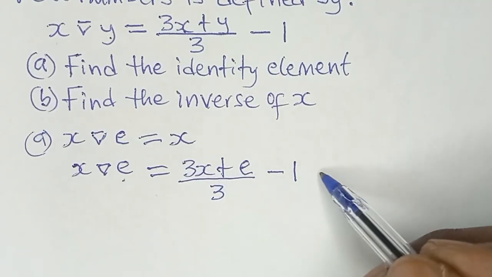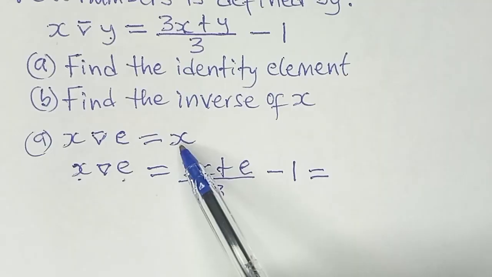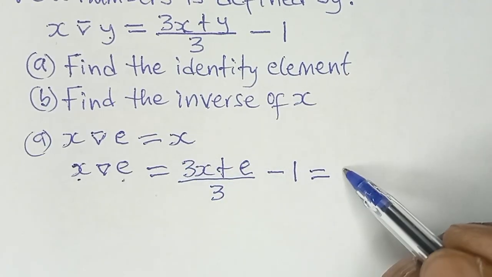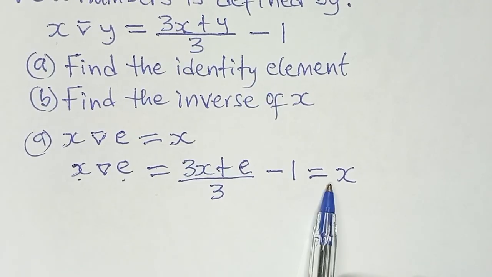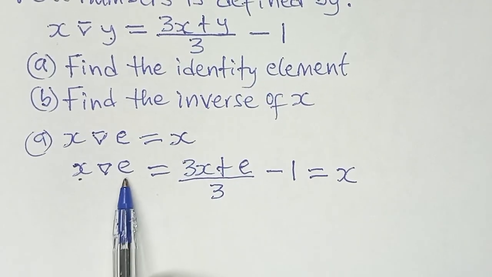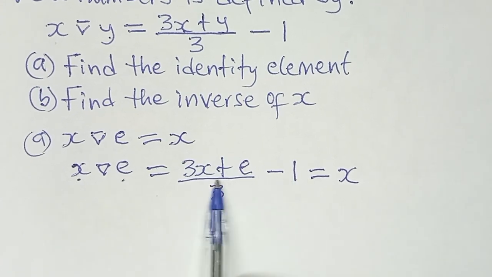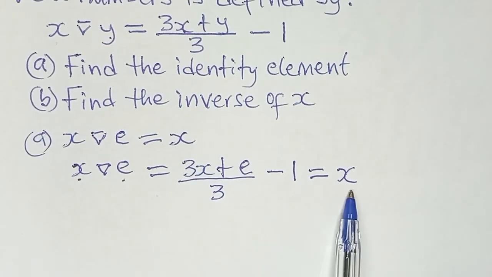And this should also be equal to x. So that is how to determine the identity element. You simply replace the value with the identity element, and when you substitute it into the operation, it should be equal to the first value of the operation, x.